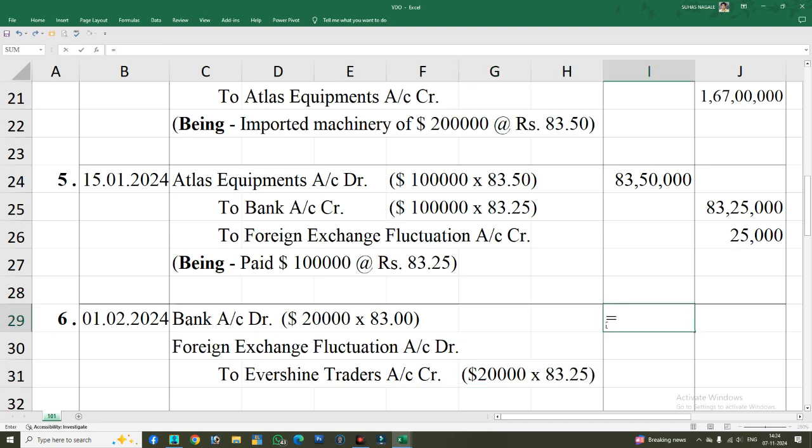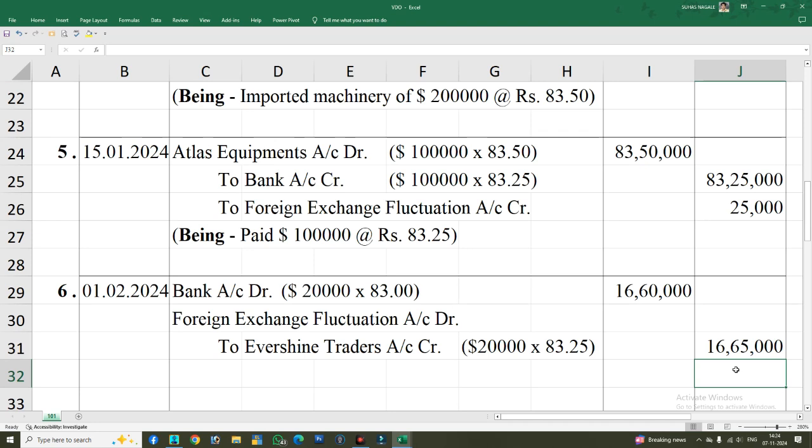Now calculation: 20,000 into 83, actual amount received in Indian rupees 16,60,000, and here is 20,000 into 83.25. The difference between the two is the loss. Loss is always debit in journal entry. According to the journal entry, we can consider the loss as 5,000 in Indian rupees.